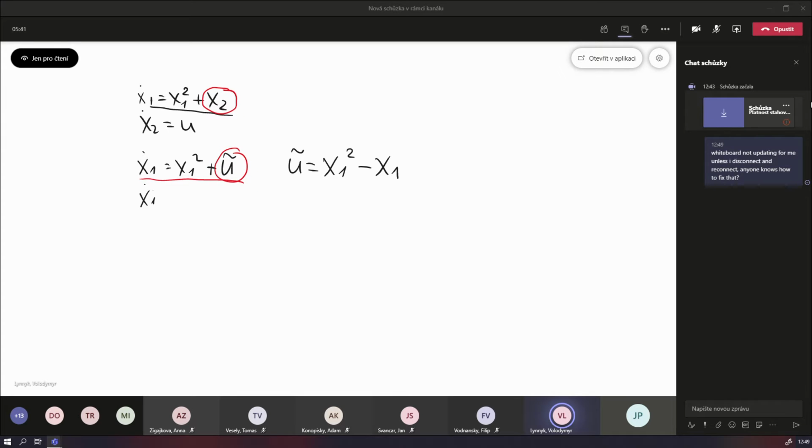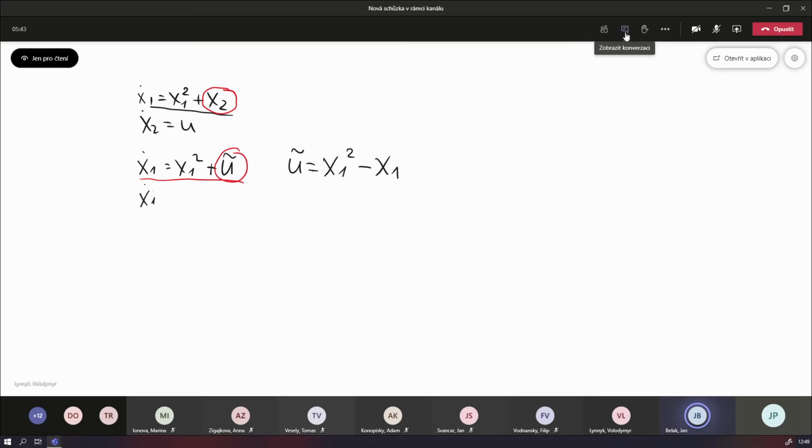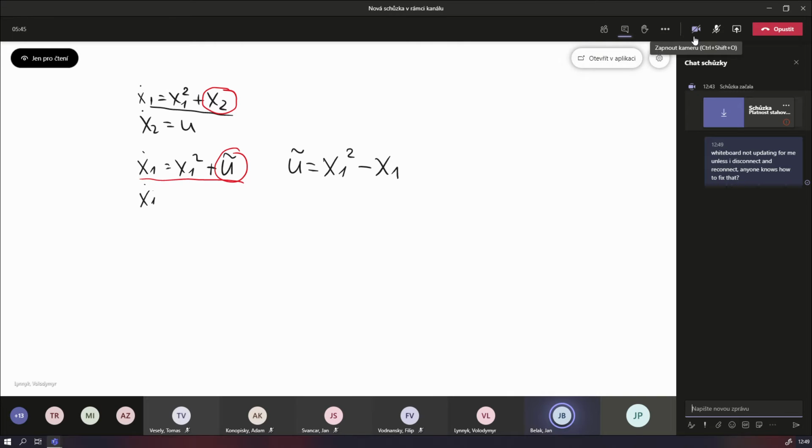I'm sorry, I'm not sure if I'm the only one, but I can't see what you are drawing. I have the same problem. You have some problem with this whiteboard. I need to reconnect or something like this. Maybe. I don't know where the issue is, but if we are connected, we don't see your updates on the whiteboard.